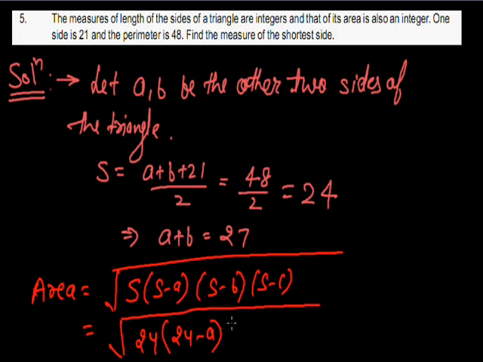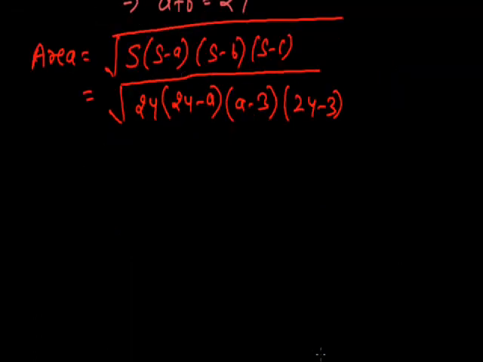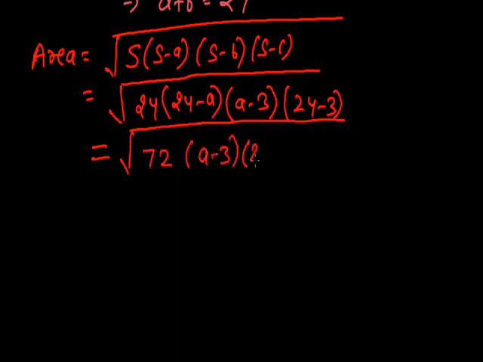By calculating we get a minus 3, and 24 minus c, that is 24 minus 21, that is 3. By solving this, we would have 24 into 3, that is 72, into (a minus 3) into (24 minus a).